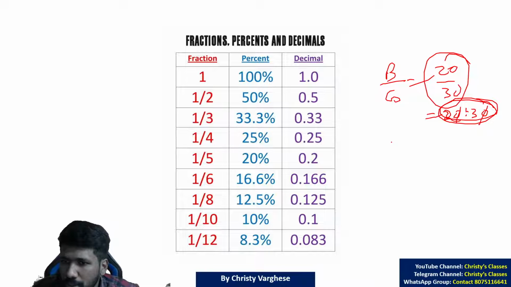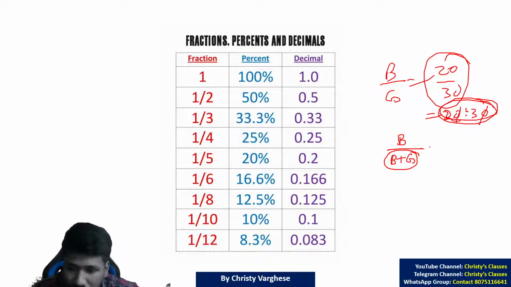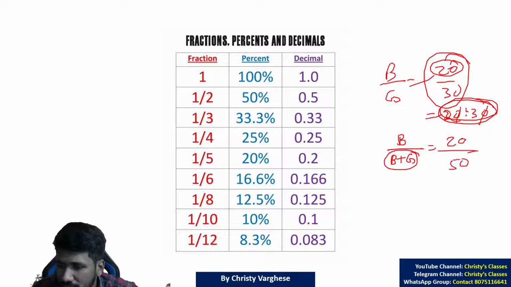Then what is proportion? For example, same thing, I want to know the boys' proportion in the class. How much is the proportion of boys in this class? If that is the question, boys divided by boys plus girls, or boys divided by total number of students in the class. So in this situation, 20 boys and 30 girls, so 20 plus 30, 50 boys and girls in total.